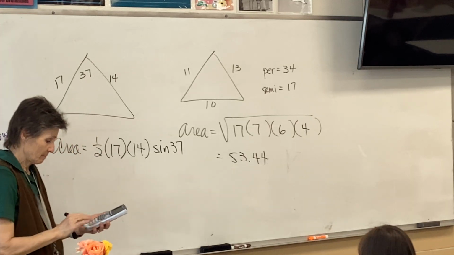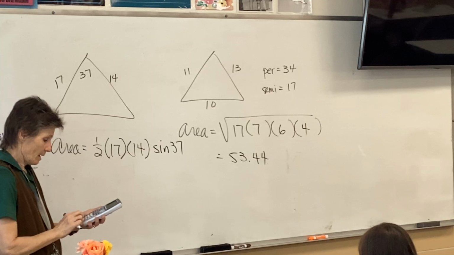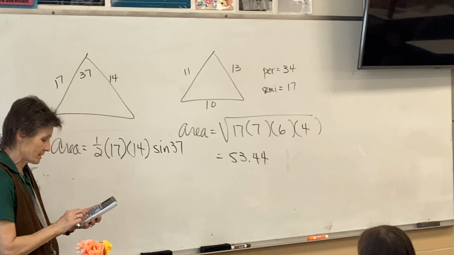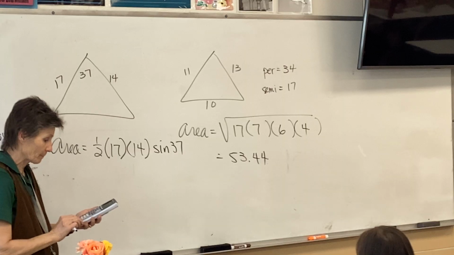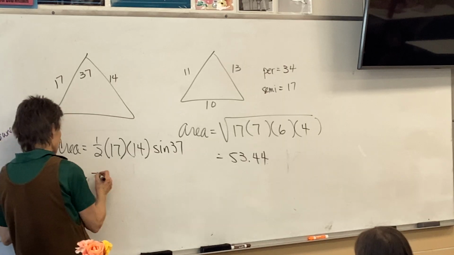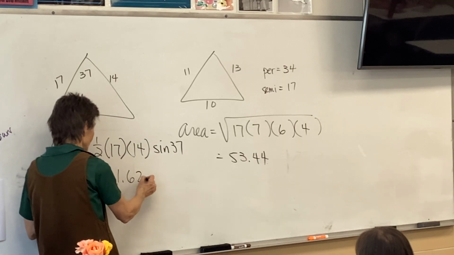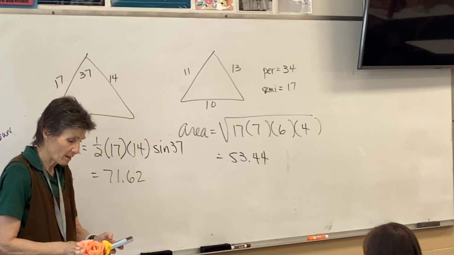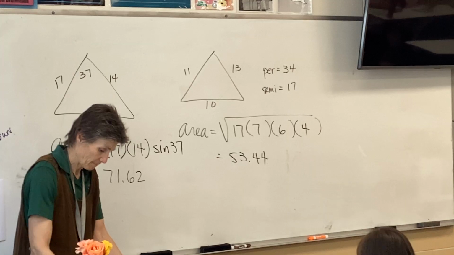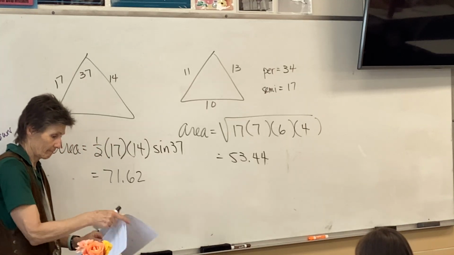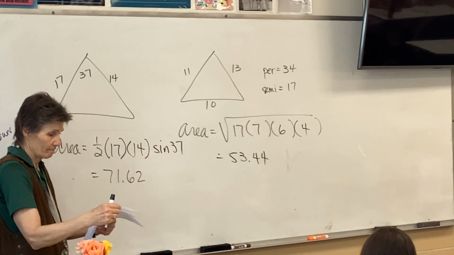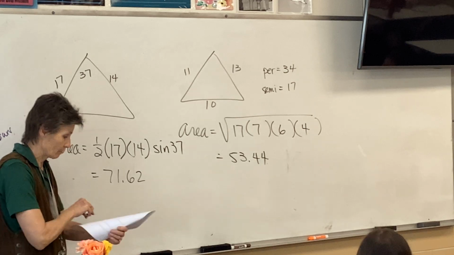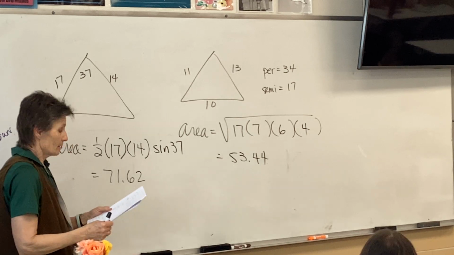Let me just type it in. If you haven't used your calculator in a while, or if you've loaned it out, make sure it's in degrees. I got 71.62. I better make sure I'm in degrees, yeah. All right.